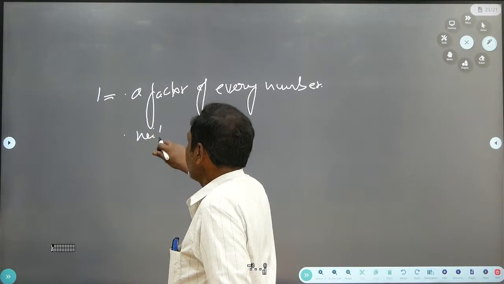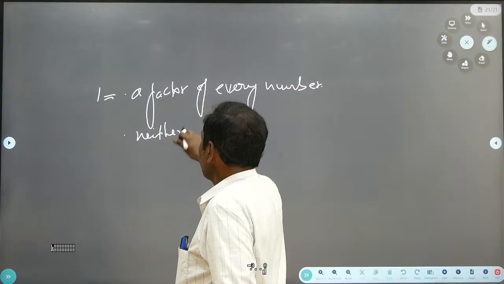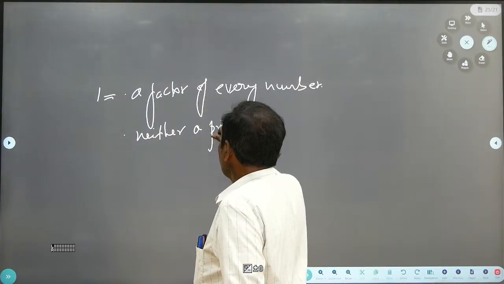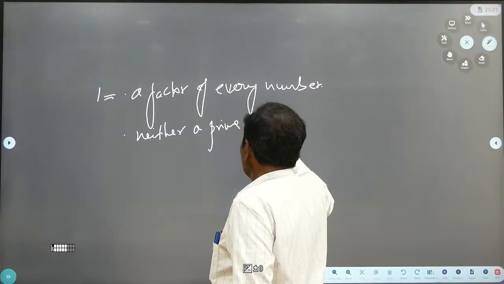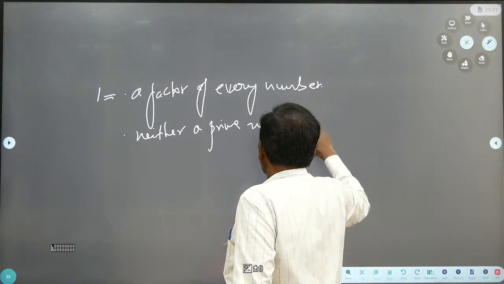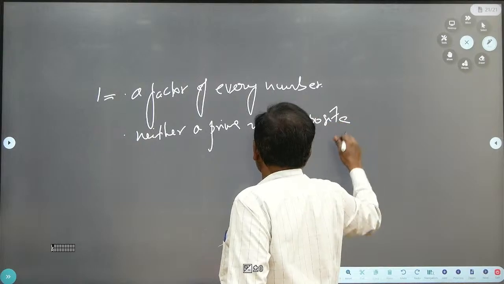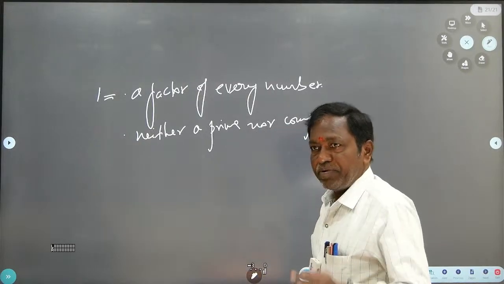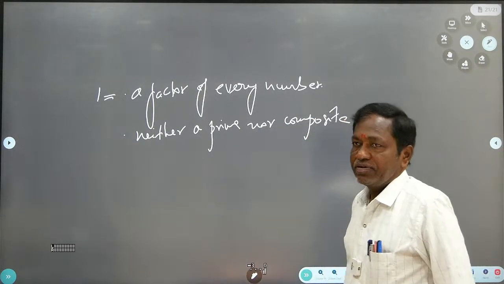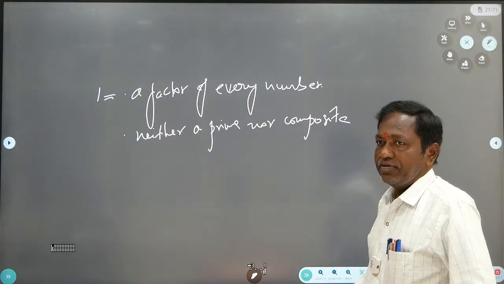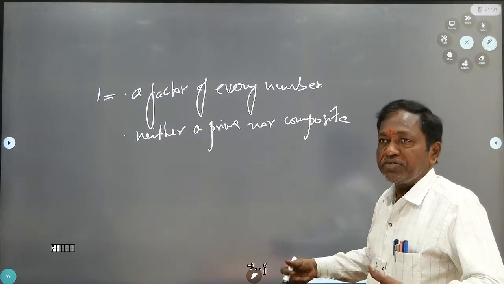Neither a prime nor a composite. Then what are other properties we can write?